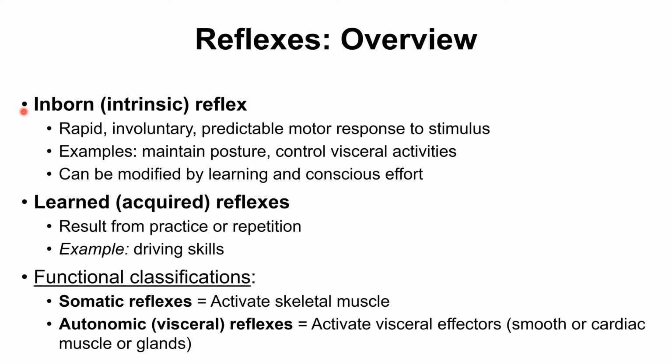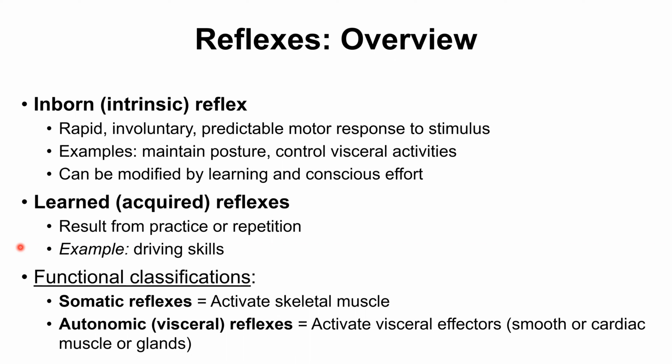And then the other type of reflexes we have are the learned or acquired reflexes. And these particular reflexes are the reflexes that result from practice or through repetition. The example here would be driving skills. For example, if you're following somebody and they hit their brakes in front of you, what do you do automatically?